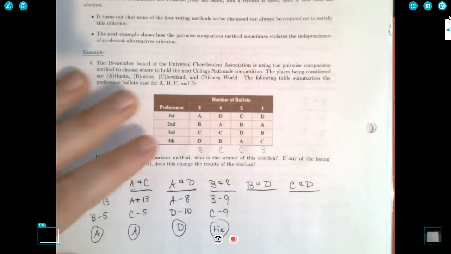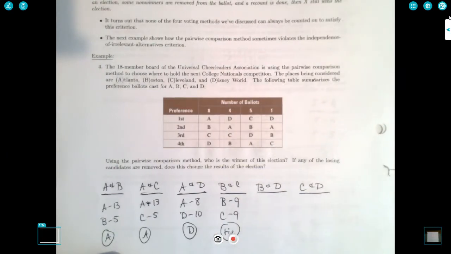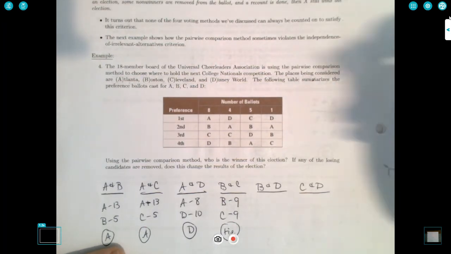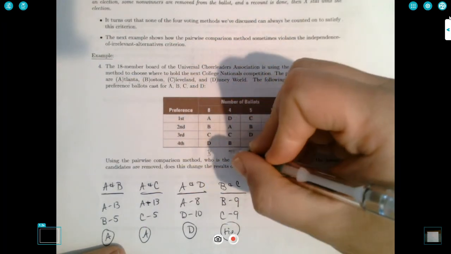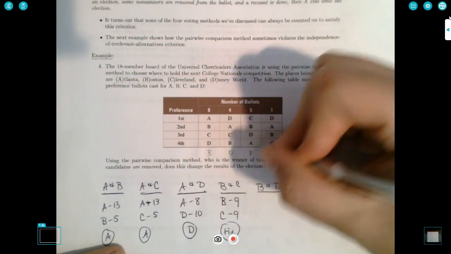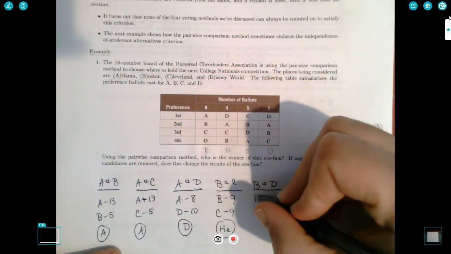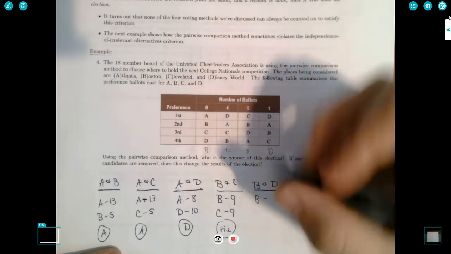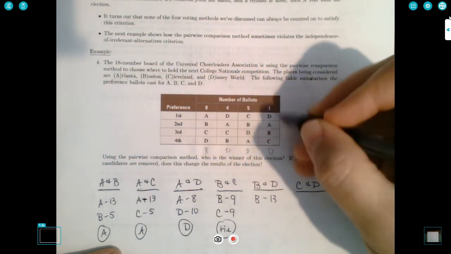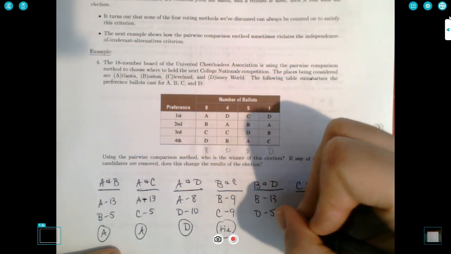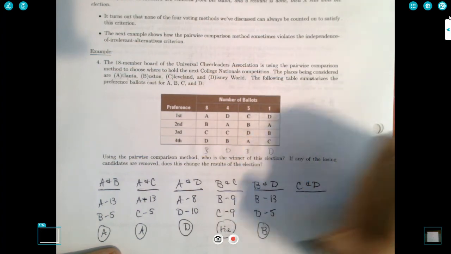Let's compare B and D. Here B would win, here D would win, here B would win, and here D would win. So B gets 8 plus 5 is 13 votes, and D gets 5 votes. So B would win.